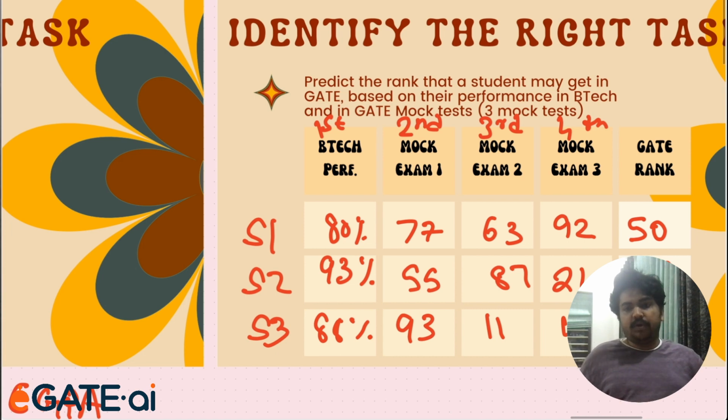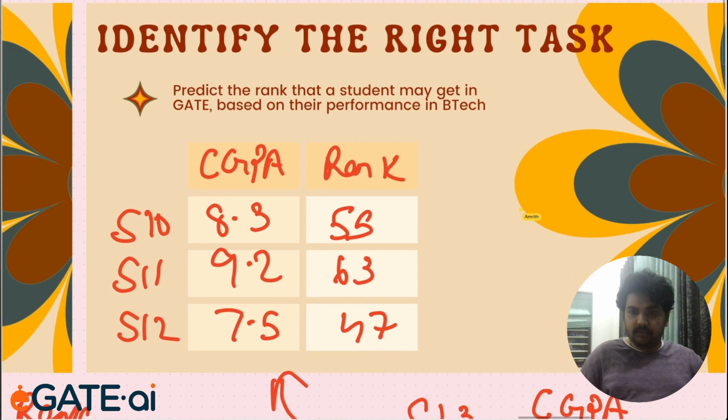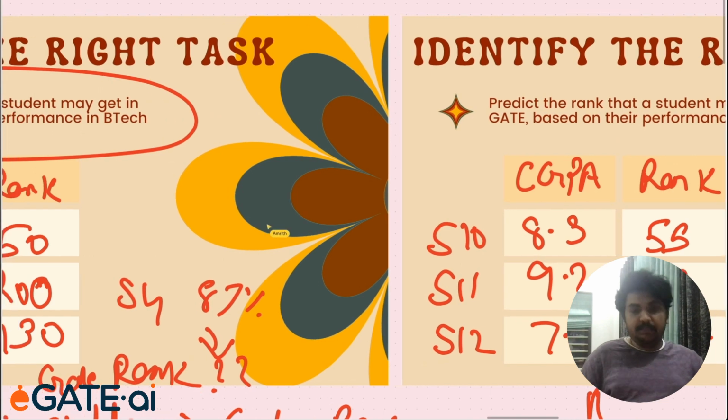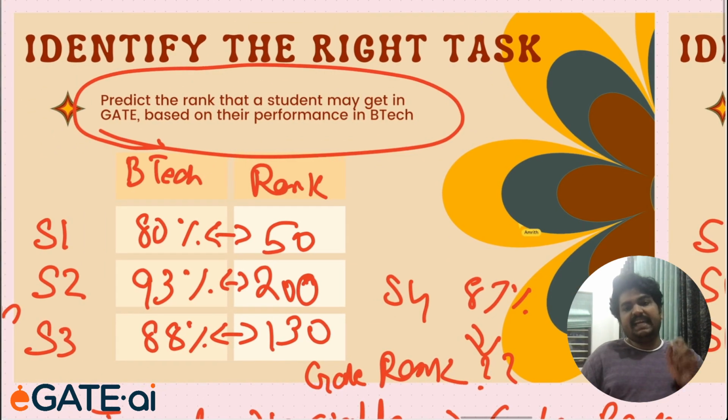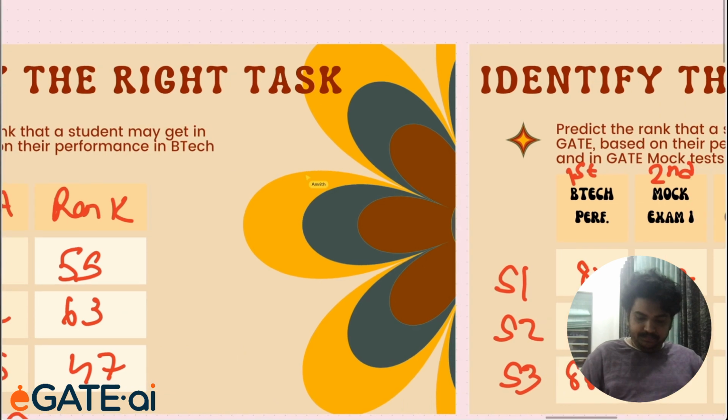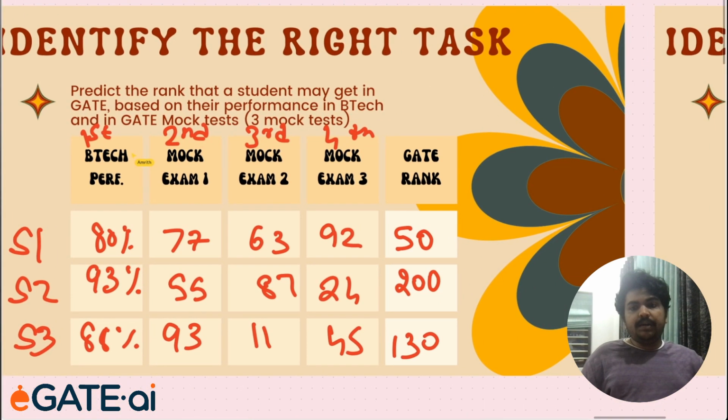In the previous problem, we saw that a student was represented using exactly one feature. It could have been the CGPA or the percentage, but it was exactly one feature as the input and we have to map it to the target variable. Now, in this problem, we are representing a student as a collection of 4 different features, which makes the representation richer.